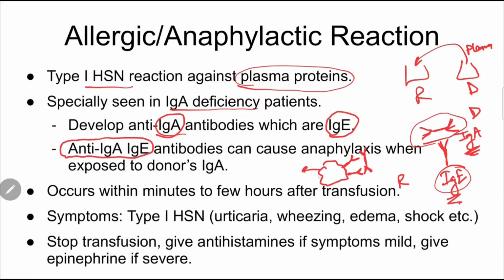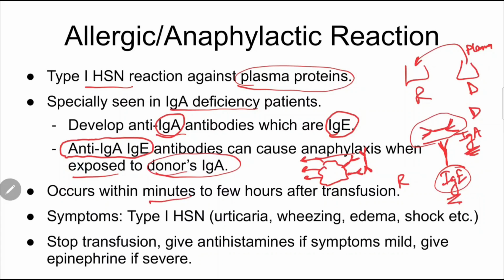This leads to release of histamine and other inflammatory mediators that I talked about in type 1 hypersensitivity. So anti-IgA IgE antibodies can cause anaphylaxis when exposed to the donor's IgA.